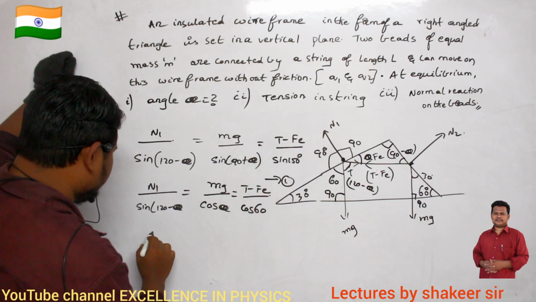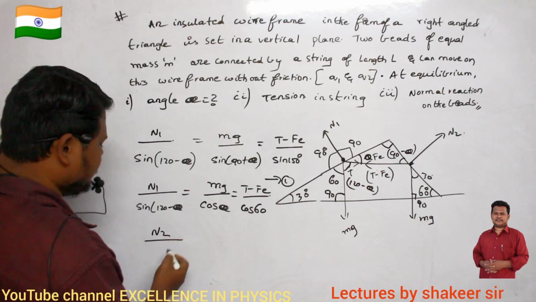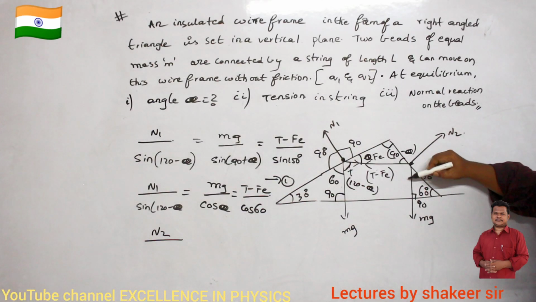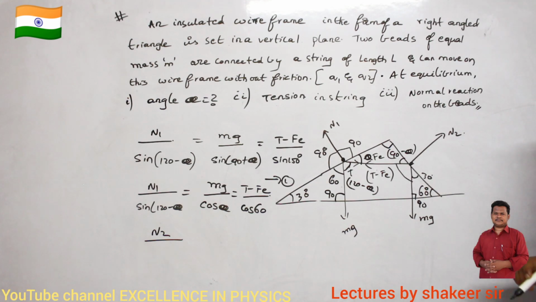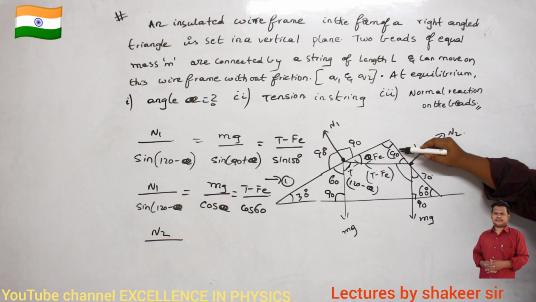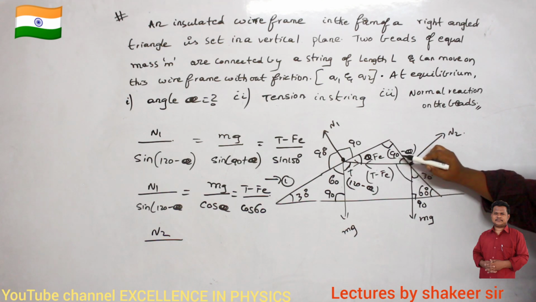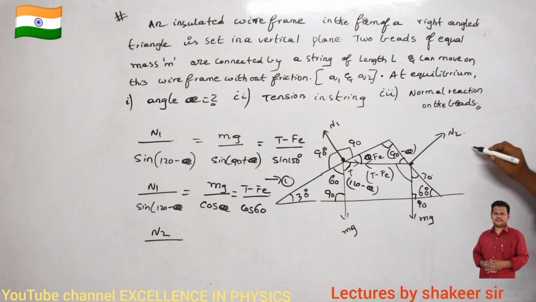So again I can write N2 divided by, now this is N2, and this becomes my opposite angle. This is the opposite angle. Can you say how much this angle will be? The total will be 180 degrees, so from 180 you remove 30 and 90 minus alpha. So 180 minus of 30 plus 90 minus alpha.